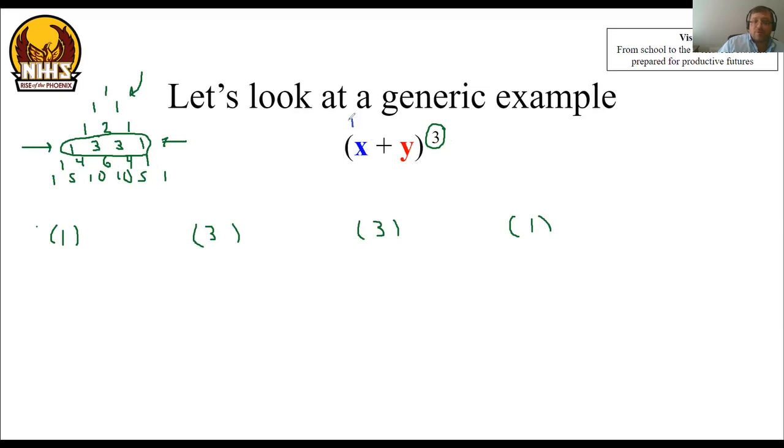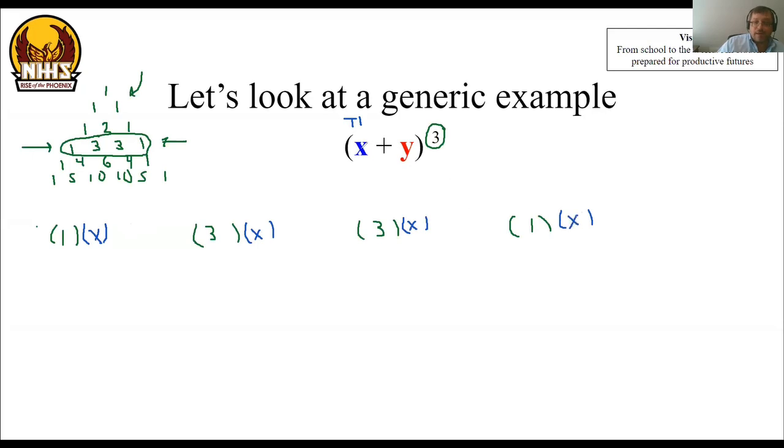Okay. Now, what I want to do next is put the first term. I'm going to call this term 1. So here's my first term, my first term, my first term, and my first term. That's x. So I just put x, x, x, and x.